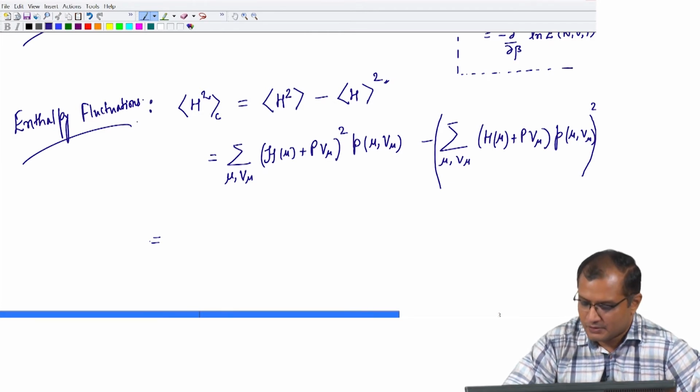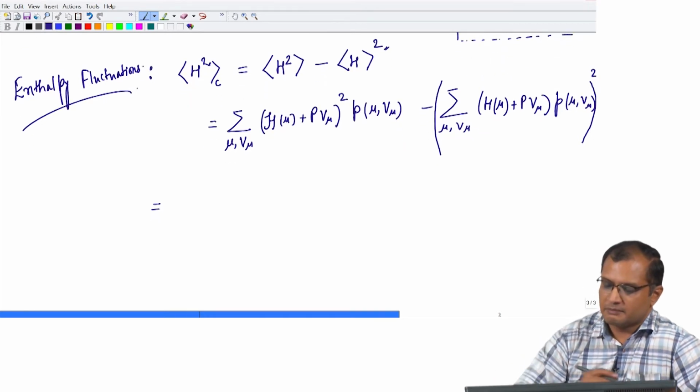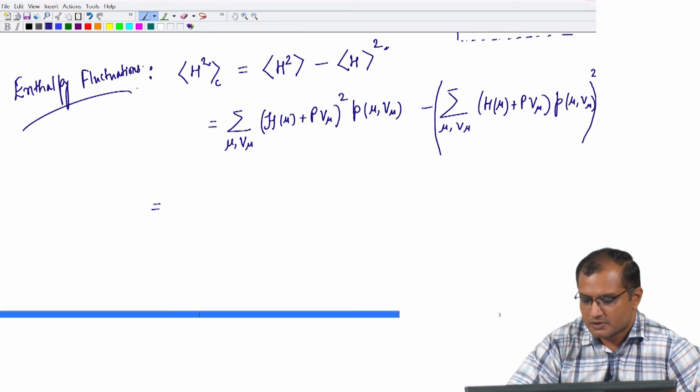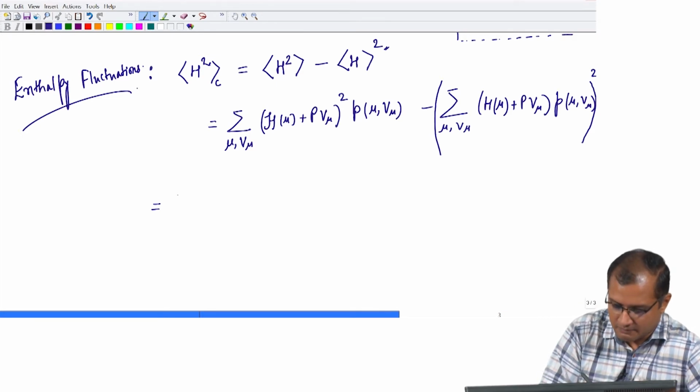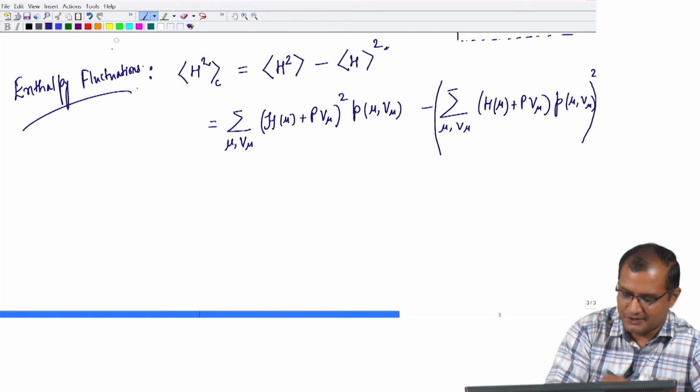Now we know our probability distribution function. Since I am going to require more space, let me shift the equality to the extreme left side.